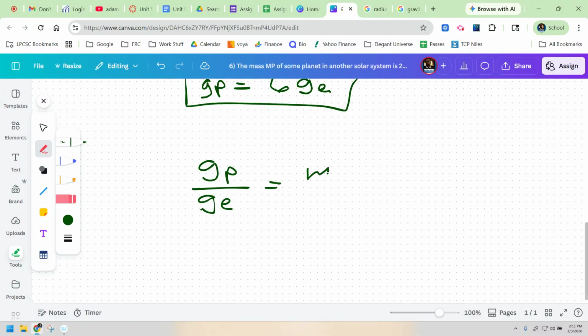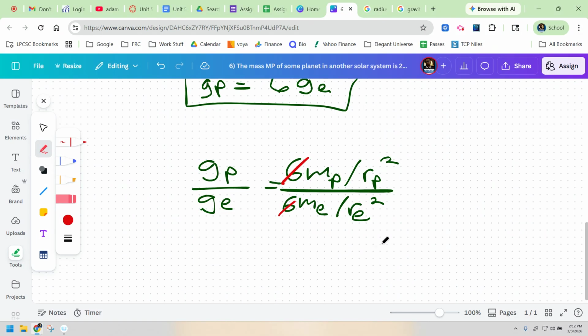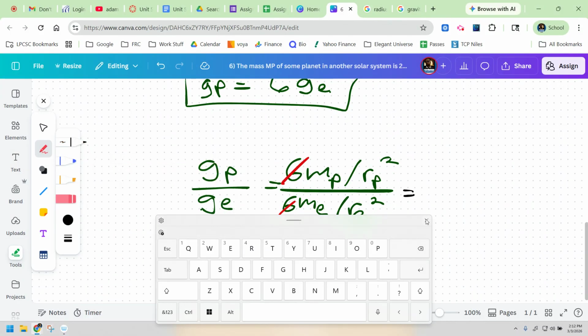Well, technically it'd be G times MP divided by RP squared, all over the mass of the Earth divided by RE squared, times G. And then obviously we know that the G's would cancel out, right? And then you could rewrite this in the next line.